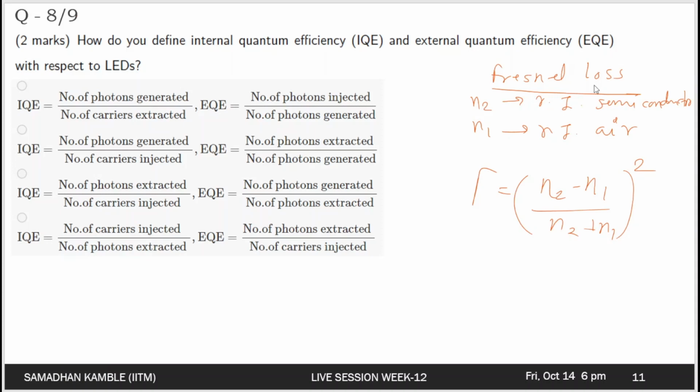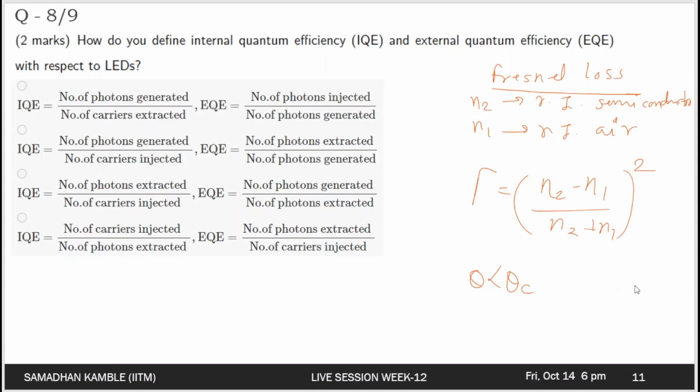The third loss mechanism, as we saw, is the angle loss. Photons incident on the semiconductor-air interface at an angle get refracted, and if the photons are incident on the interface at an angle greater than the critical angle, the photons experience total internal reflection.